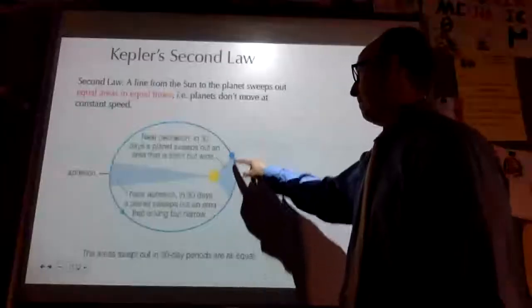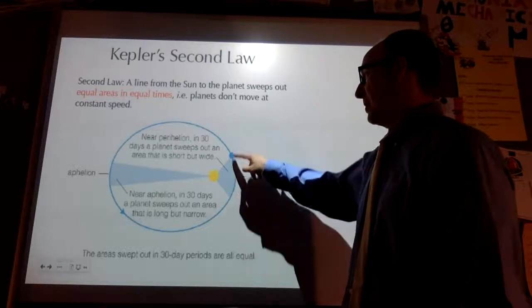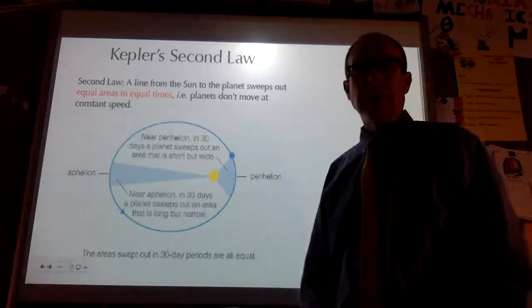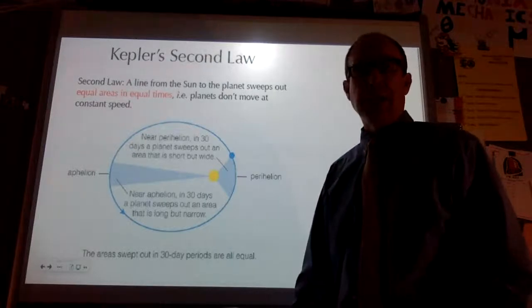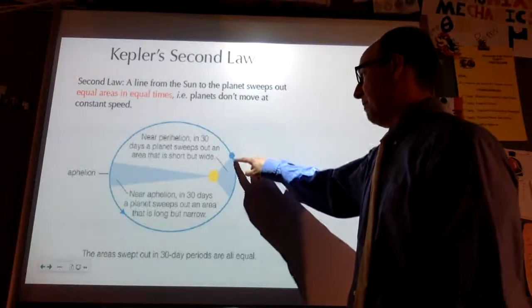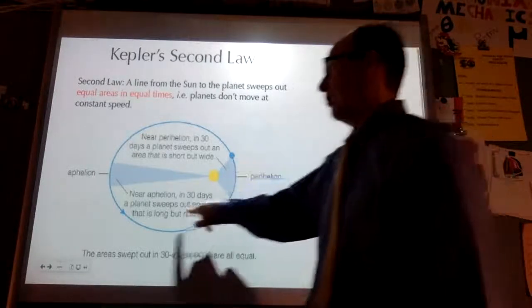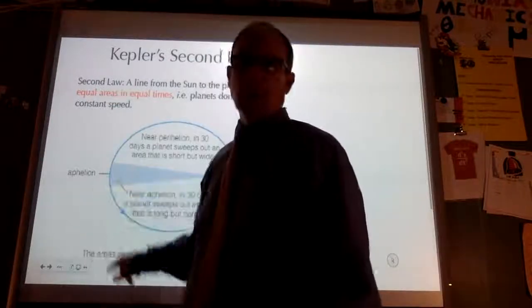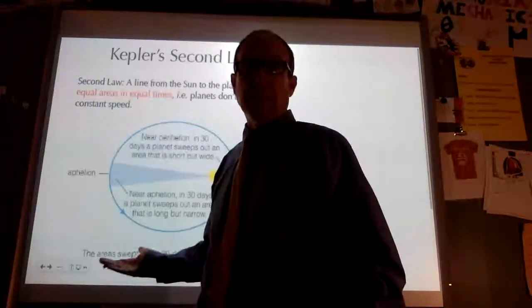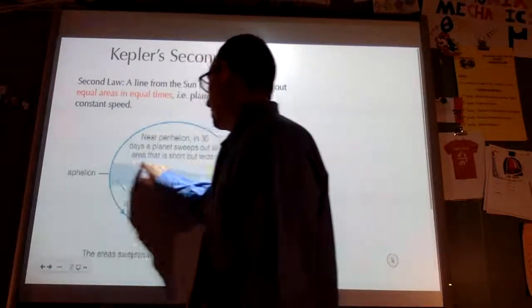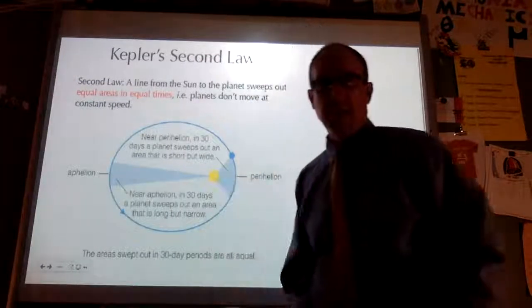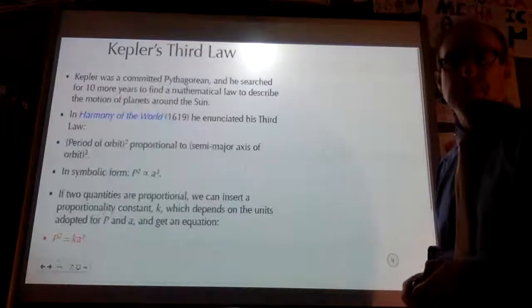So in this time from here, that it goes here, it's actually going faster. I'll be able to explain this to you in terms of angular momentum and energy later in the year. But it's going faster here, but when it's further away, it's going slower. You can imagine just the force, there's less force on it, right? And when it's slowing down, this blue area here and that blue area there are the same.